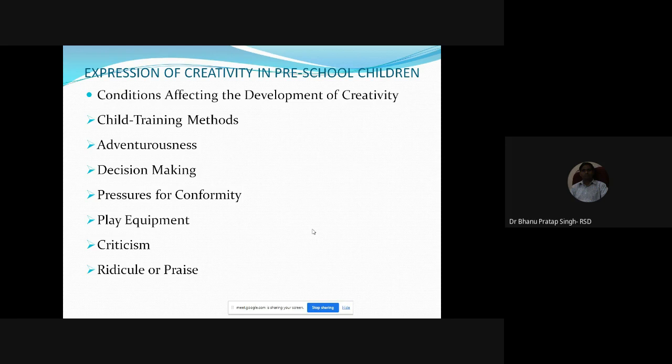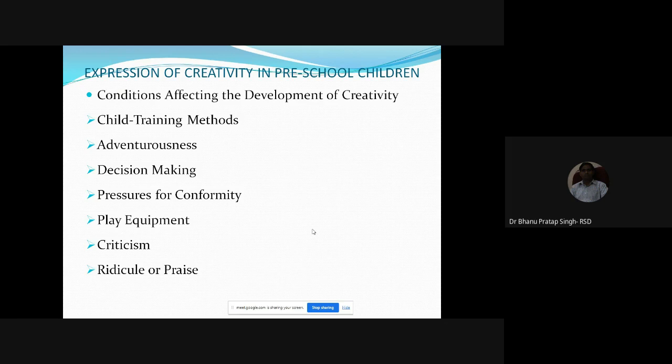Adventurousness, you know, sometimes the child himself or herself is adventurous, but sometimes teachers' or parents' roles become important to make them adventurous, because adventures also play an important role for creativity.